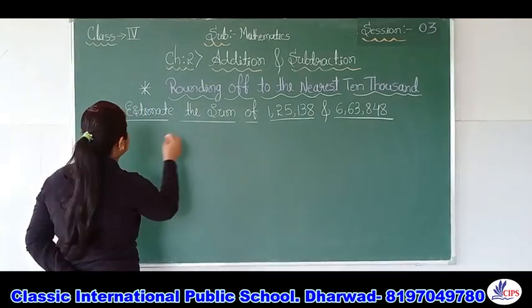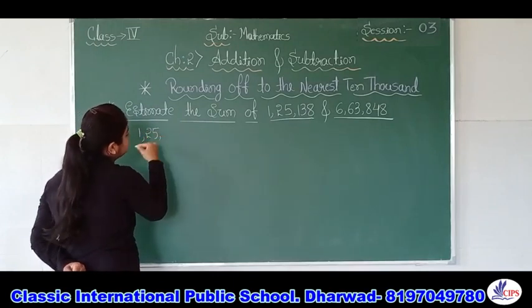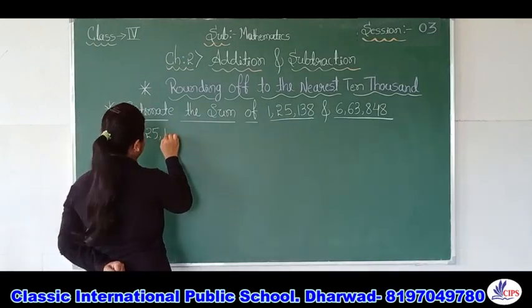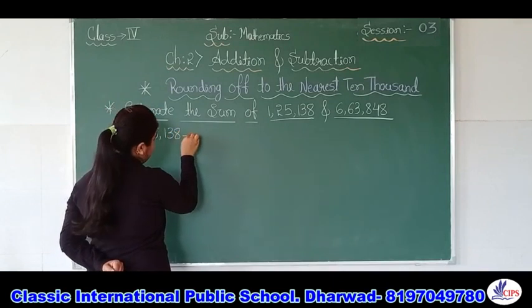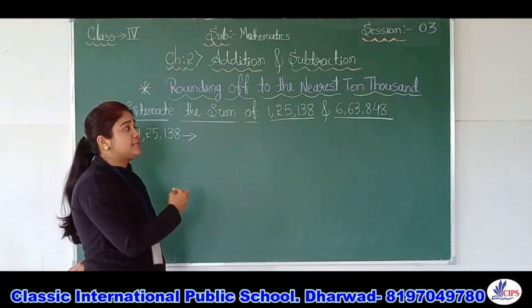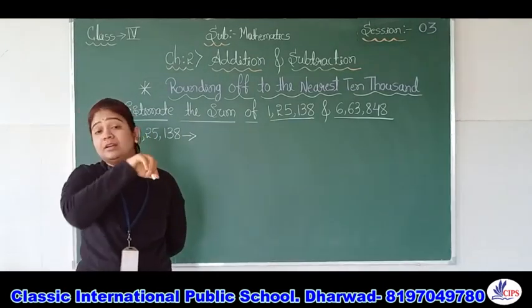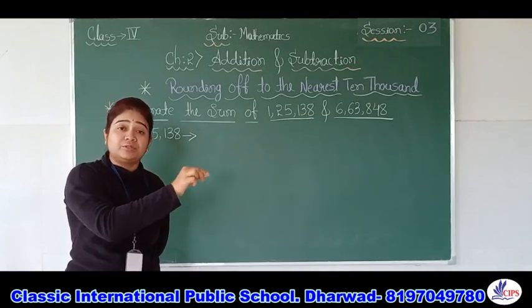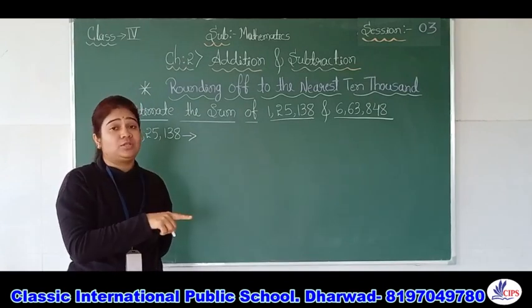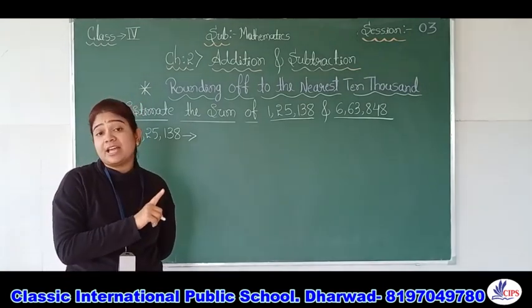Let's start. 1,25,138. You have to round this to the nearest 10,000. I told you already, if you are rounding to the nearest 10,000, you have to look at which place value?